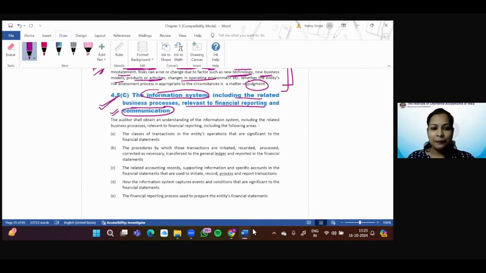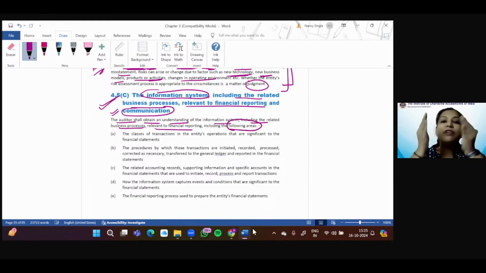Now comes the point that when the auditor is obtaining an understanding about the information system, what all areas will be included? So the auditor shall obtain an understanding of the information system, including related business processes relevant to financial reporting, including the following areas, right?